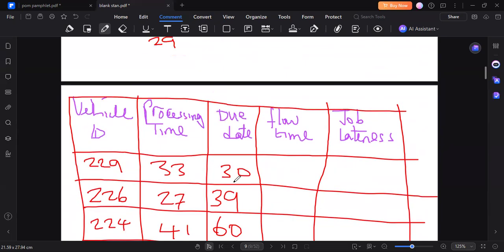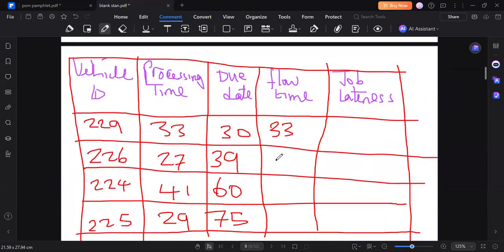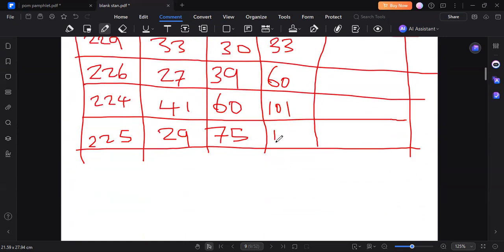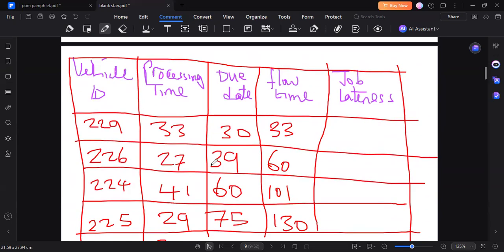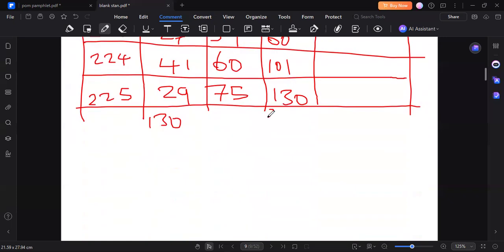So what is our flow time? 33 plus 27 is 60, 101 and 130. The total here is 130. The flow time: 33 plus 60 plus 101 plus 130, 324.